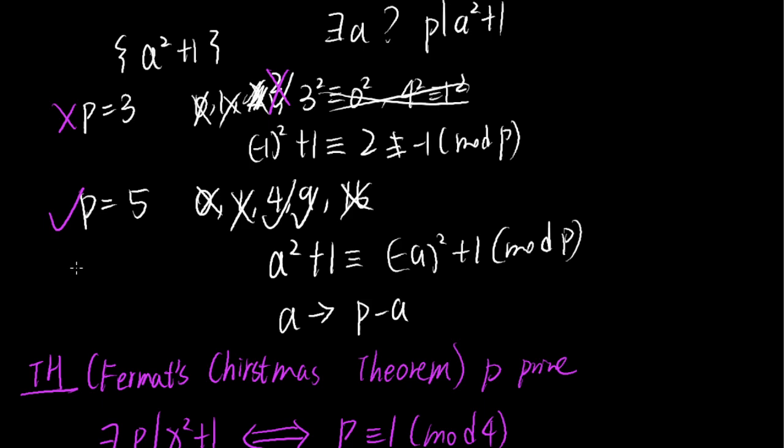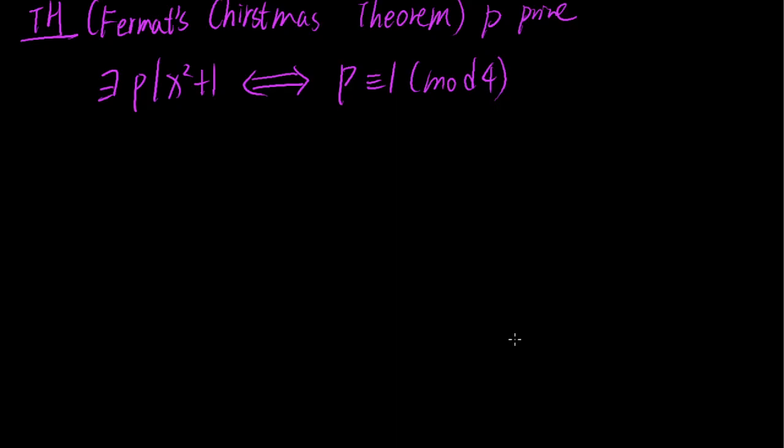If you test more, you will find it doesn't exist for p equals 7, and it doesn't exist for p equals 11, but it exists for p equals 13. It's reasonable to conclude this statement, and we will prove it in the next video. Thank you.